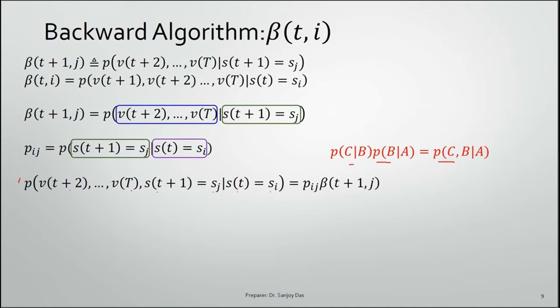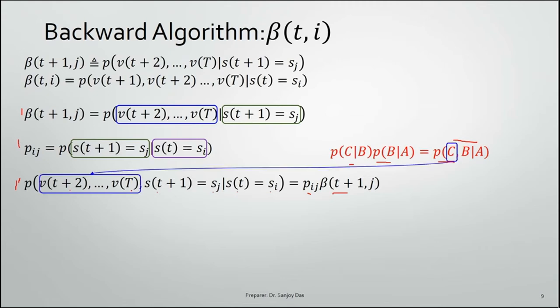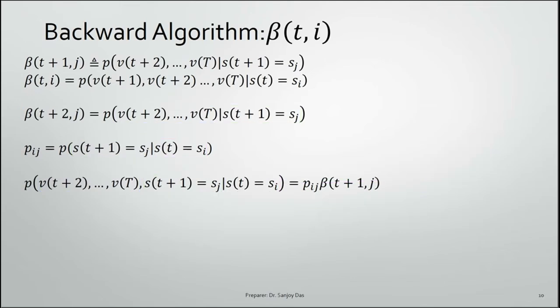And that's the product of beta_{t+1}(j) and P_ij. And why do we get this? It's straight away from this expression. C is the same as before, it's V_{t+2} to V_T. B is, as before, S_{t+1} equals S_j. And A is, as before, S_t equals S_i. So this is what we got.